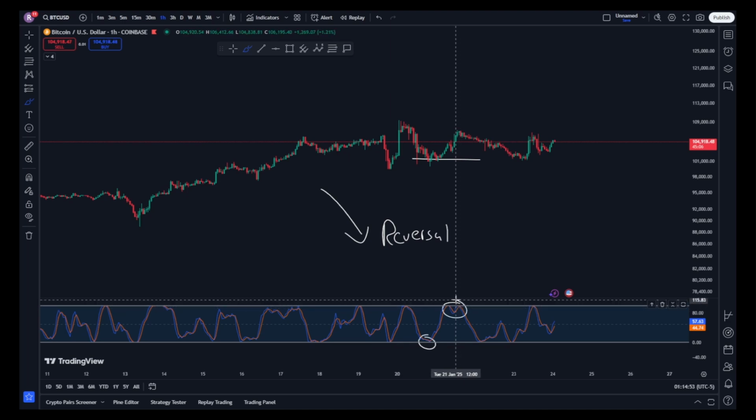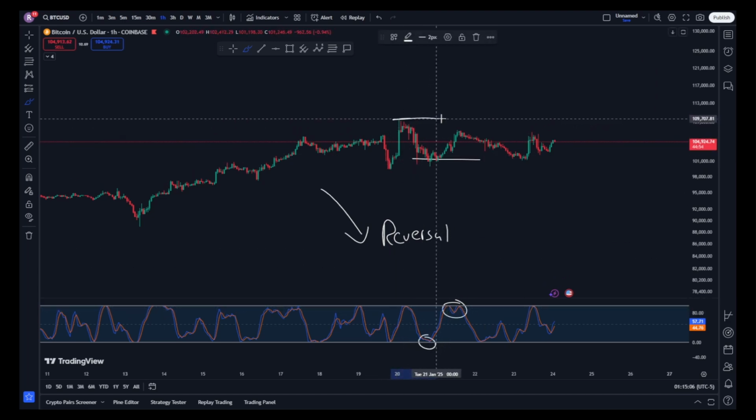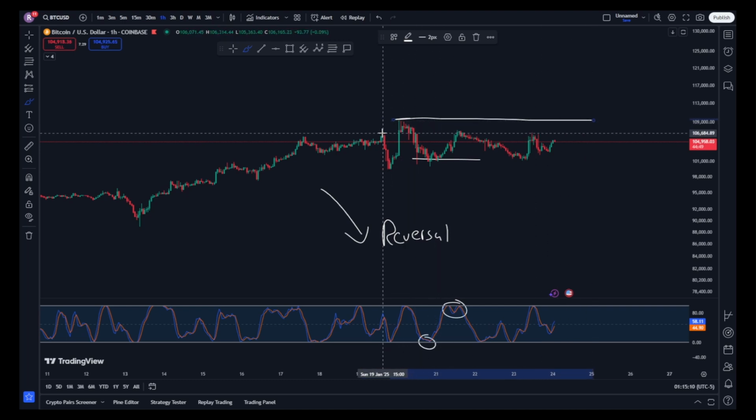So you start looking for the opportunity to short. But that doesn't mean as soon as it's at 100, oh, I'm going to short from here. No, that's not how it works, because this is a lagging indicator. You need to wait and see, okay, our price was here. This is our barrier, 109. Let's see where our resistance can be. Use other tools, use other indicators.